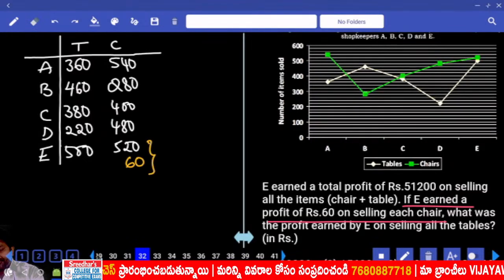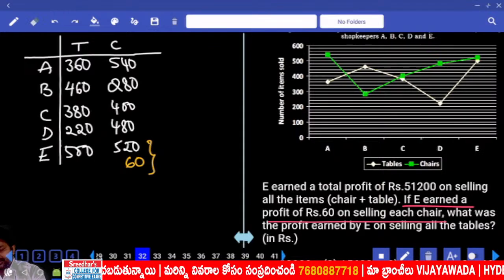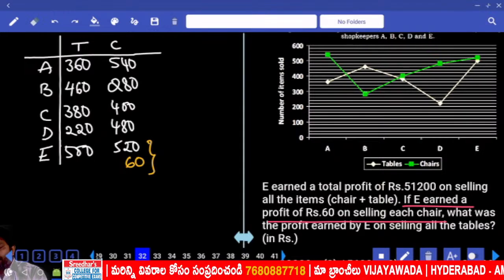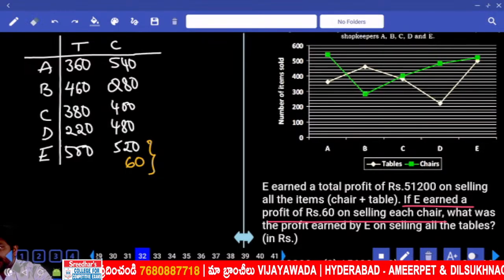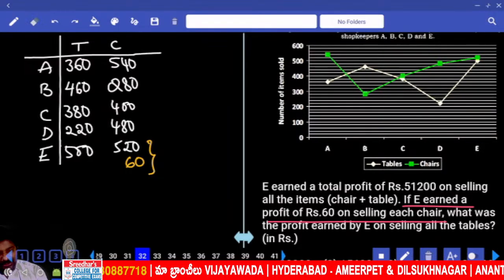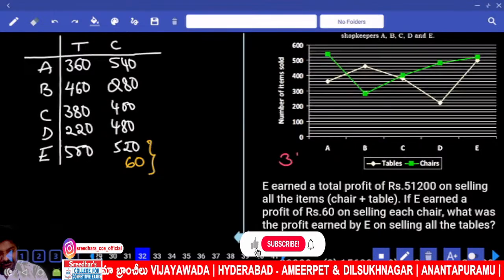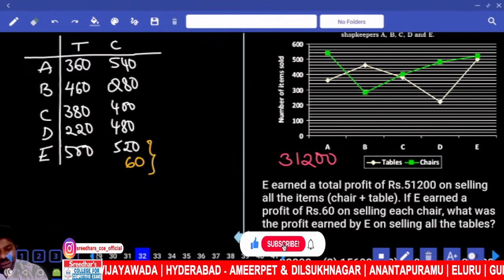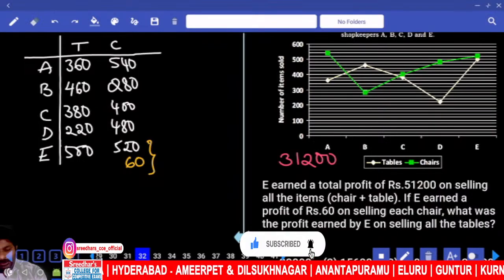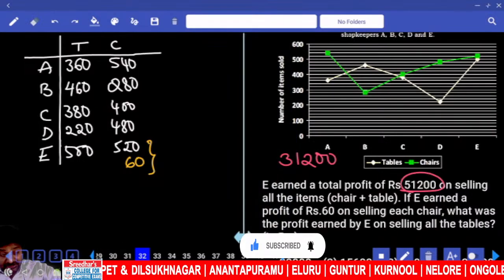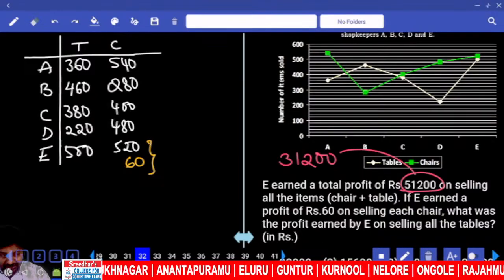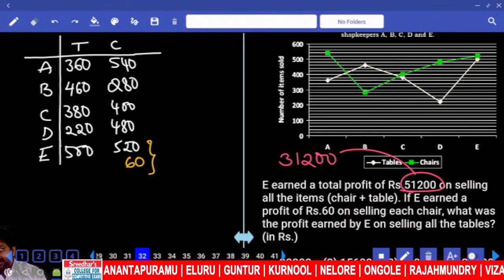So the total profit by selling all the chairs, 2 zeros common, 52 6 times, 56 times 300 plus 12, 31200. By selling only chairs, he got 31,200 rupees profit, whereas his total profit was 51,200. Then the remaining 20,000 is obtained by selling tables.